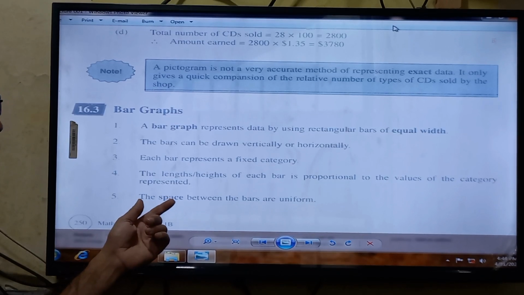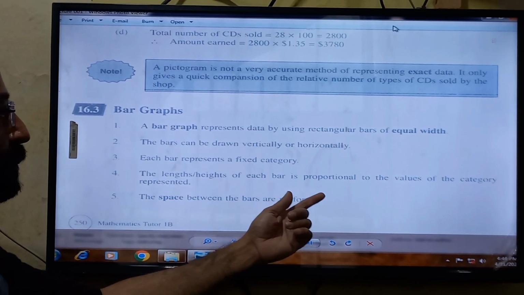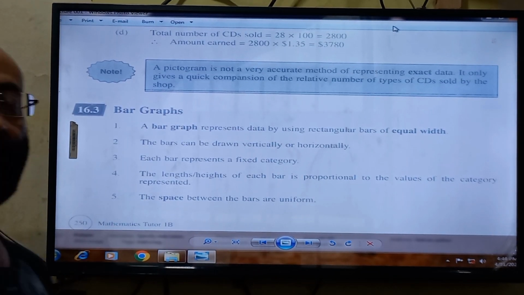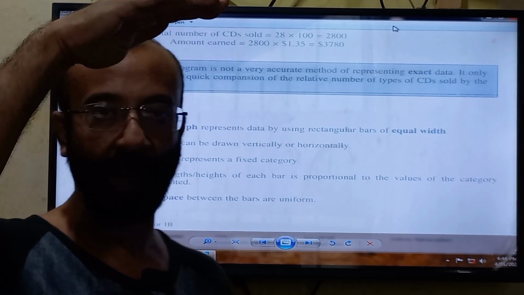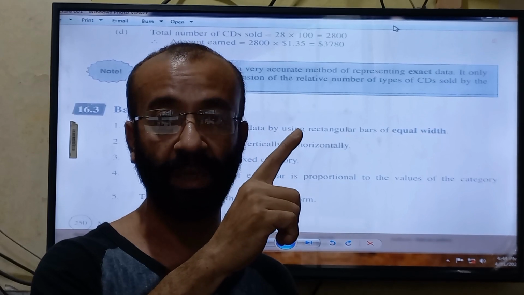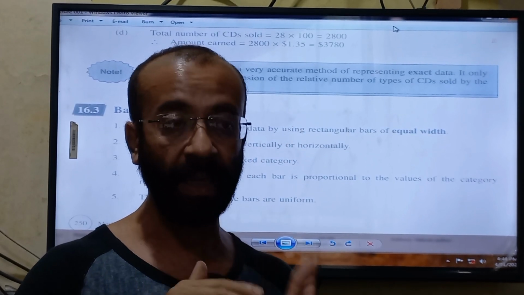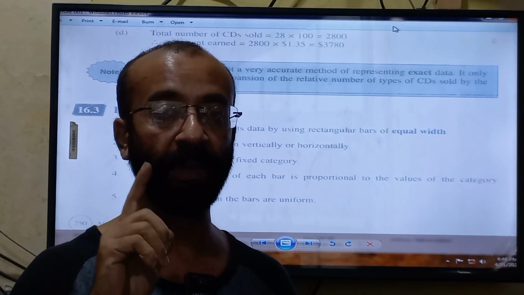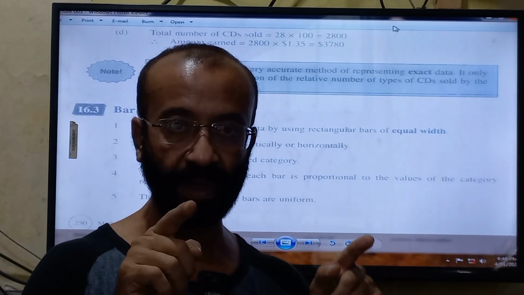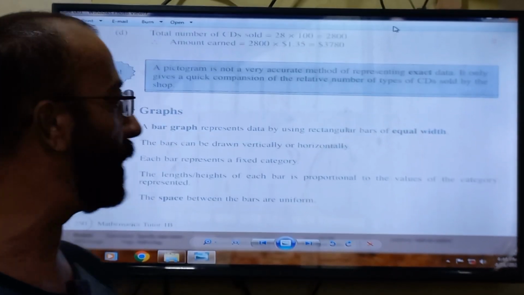Next rule is the length, height of each bar is proportional to the value of the category represented. So actually the height of the bar will represent the number in the frequency table. So the lengths of the bars will represent the value which is given in the frequency table for a particular bar.